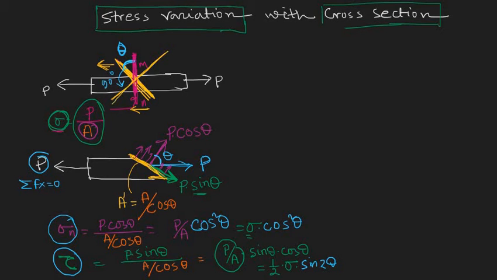Agree? What we have done is simply rotated the previous yellow section by 90 degrees. So now if I ask you what is the normal stress here, as well as what is the shear stress here?